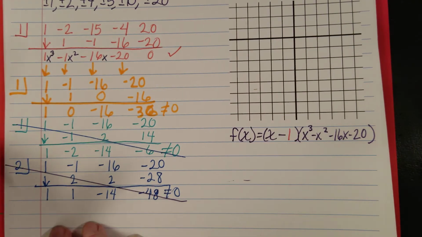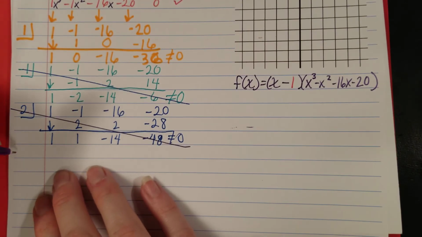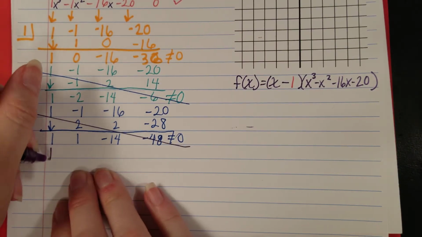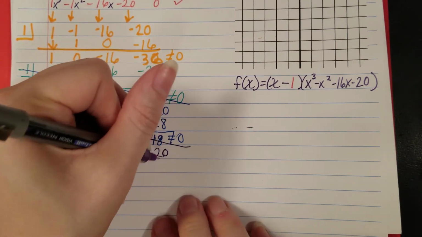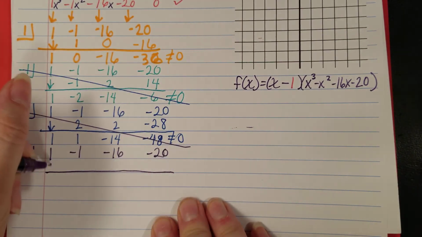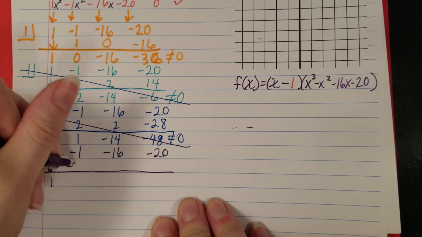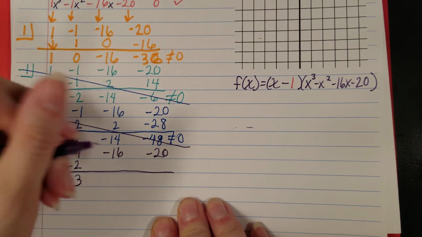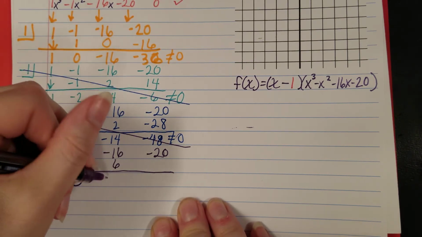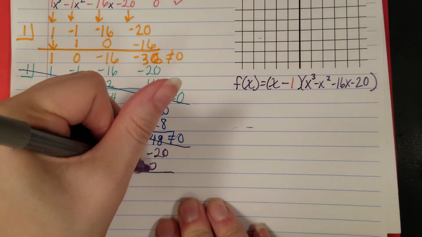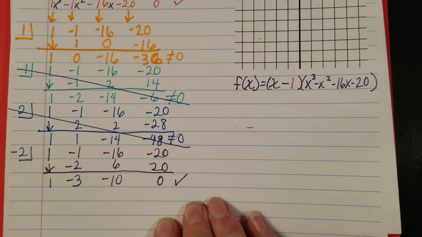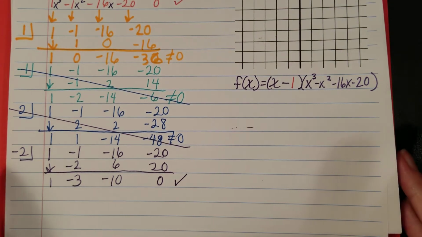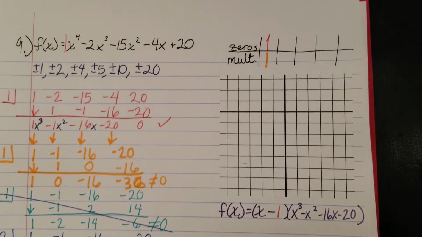We'll move on to -2 in the box. 1, -1, -16, -20. 1, -2, -3, 6, -10, 20, and 0. So now we know that -2 is another 0 of the polynomial.